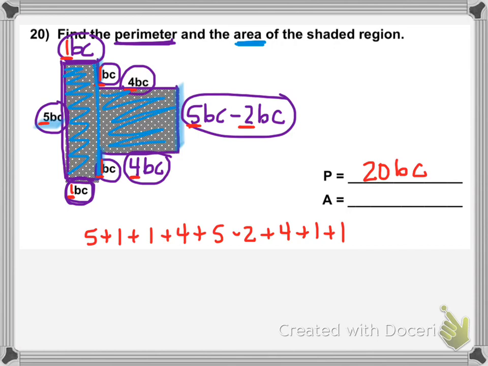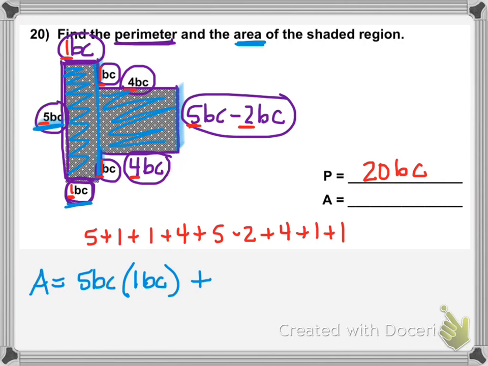So let's look at that long, skinny rectangle. Remember, the area of a rectangle is just length times width. So its length and width are, and this is for area, 5BC times 1BC. That's the area of that long, skinny rectangle. Plus, we're going to add the area of the other rectangle.